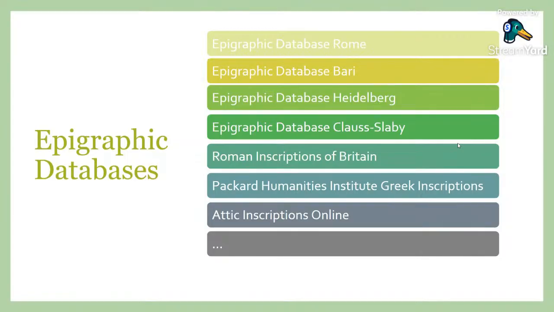They collect inscriptions from across the Greco-Roman world. In this case, the ones I displayed here collect inscriptions from the Greek and Roman world, but there are also many other databases beyond the ones I have listed here that collect inscriptions from other cultures, other civilizations, and other historical periods. And some of them are, as you can see, like EDB, EDR, and EDH.